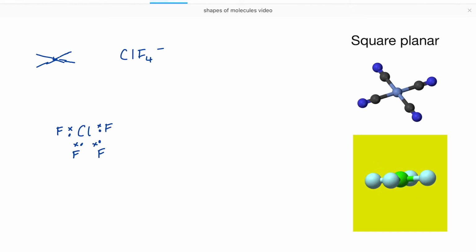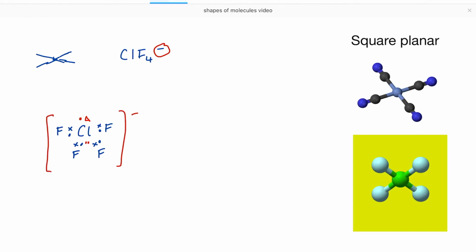Chlorine has got 7 electrons in its outer shell. I'm going to change the colour here, it's going to get confusing. So we've used up 4, so it's got a lone pair of electrons, and then it's got a single electron. This is a negatively charged ion, so I know that it's picked up an electron from somewhere else, and then that whole ion there takes on that negative charge.